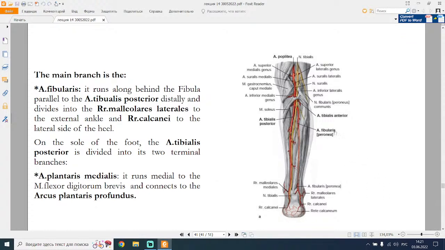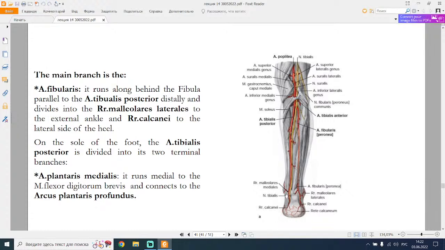It runs along behind the fibula parallel to the arteria tibialis posterior distally and divides into rami malleolares laterales to the external ankle and rami calcanei to the lateral side of the heel.